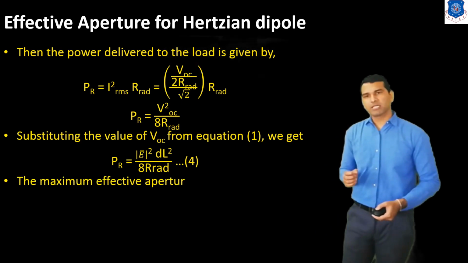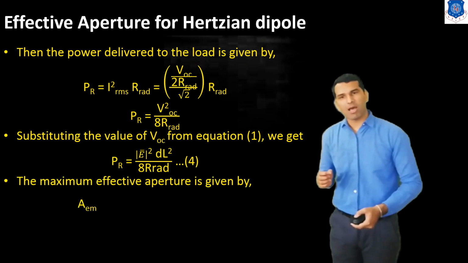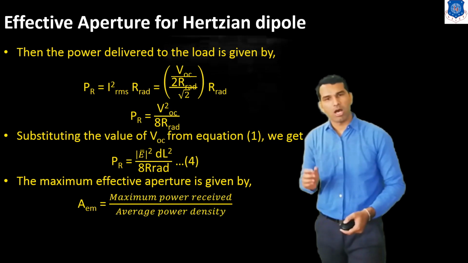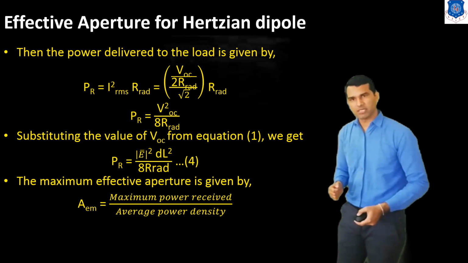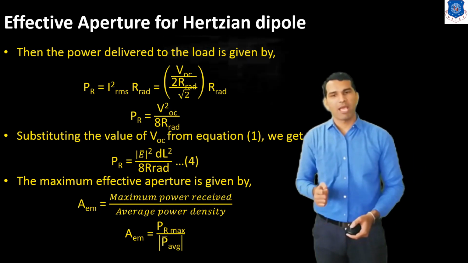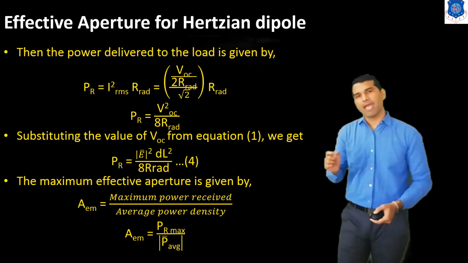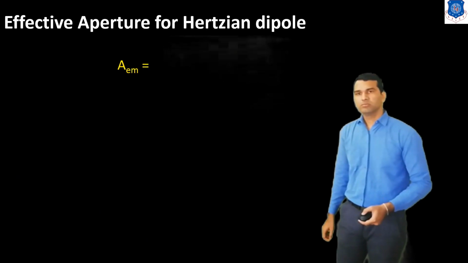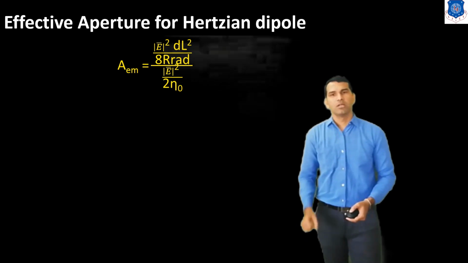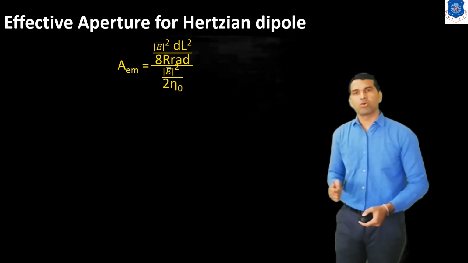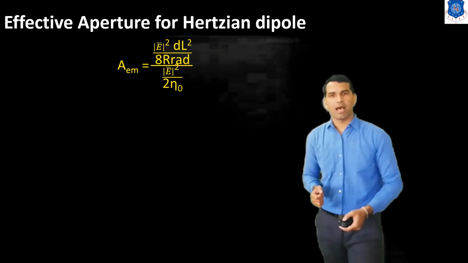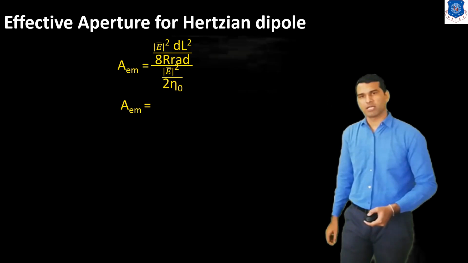The maximum effective aperture is given by AEM is equal to maximum power received upon average power density, so AEM is equal to PR maximum upon P average. Substituting the value of P average, AEM is equal to E squared dl squared upon 8 R radiate divided by E squared upon 2 eta 0.